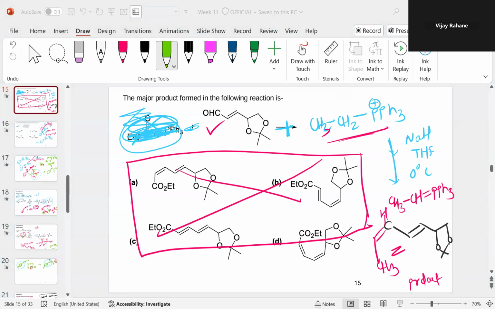I will just open the portal. From assignment 11, right?